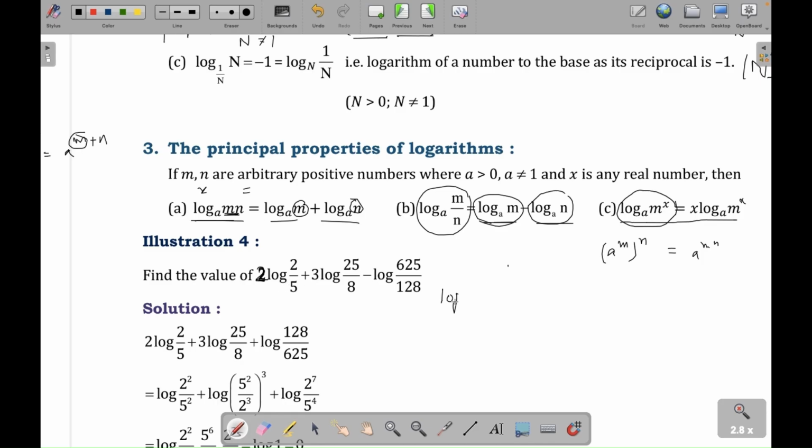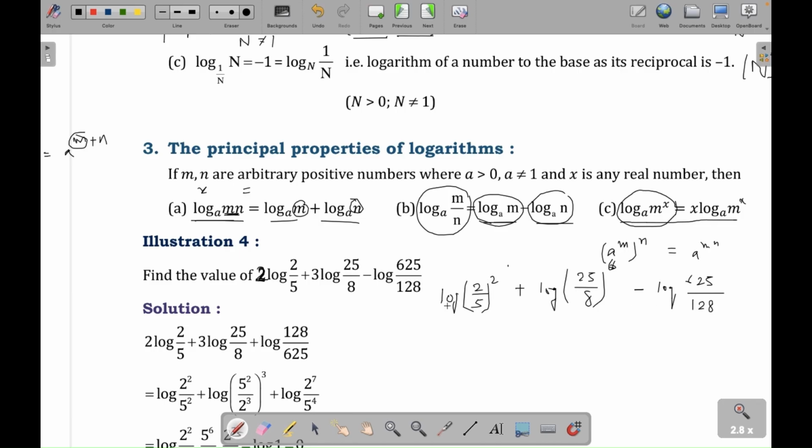So log of 2 upon 5 whole square, plus log of 25 upon 8 to the power 6, then minus log of 625 upon 128.